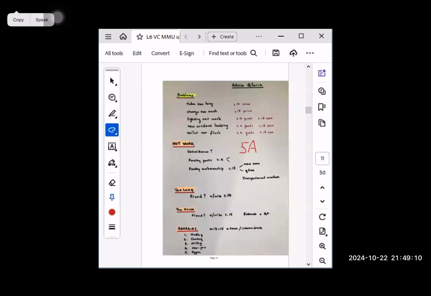Bolam against Friern Hospital. Go through the facts about the doctor who did not give a drug to the mentally ill patient. I won't bother to remind you of the full facts because we did it just before the break. The court said that this doctor was not negligent just because some doctors might have given the drug. So Jack is expected to act with the care and skill of a reasonably competent renovations building contractor.